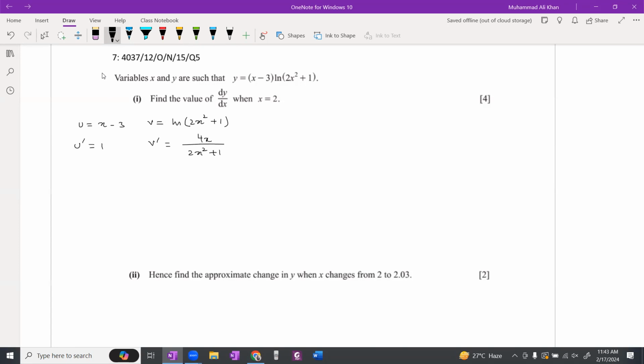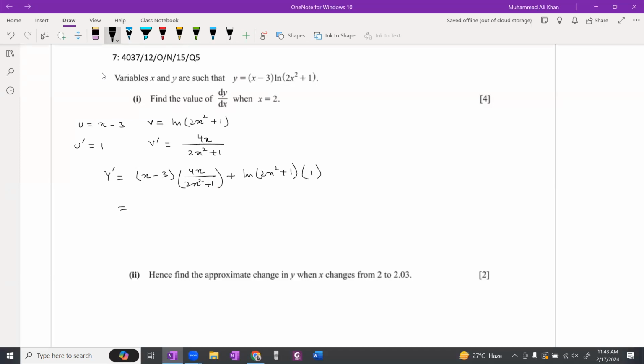Derivative of the denominator. So now, y dash will be u, the derivative of v, plus v, the derivative of u, which is 1.